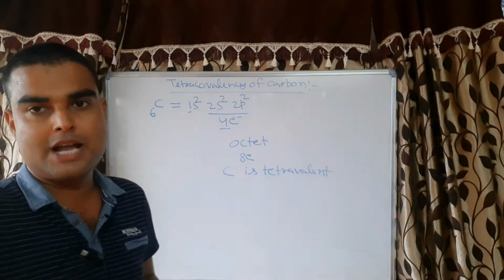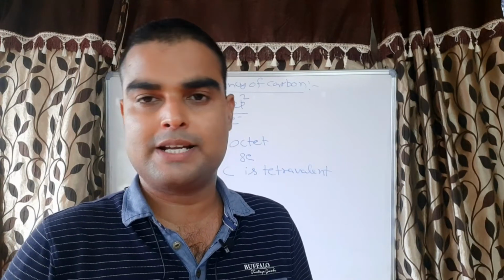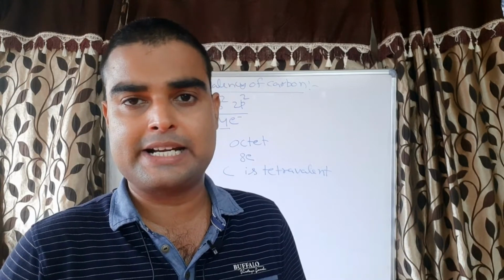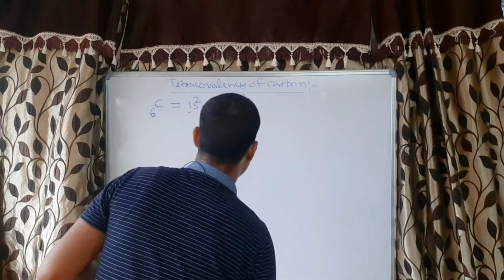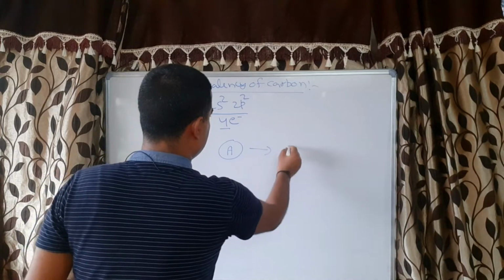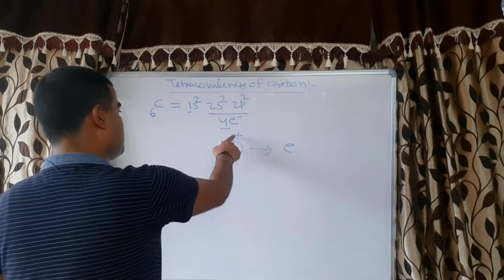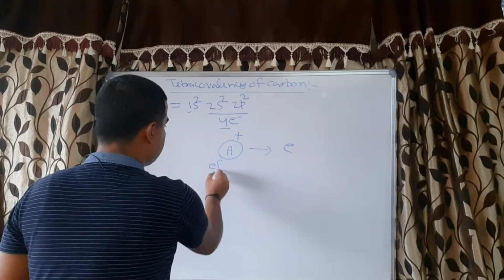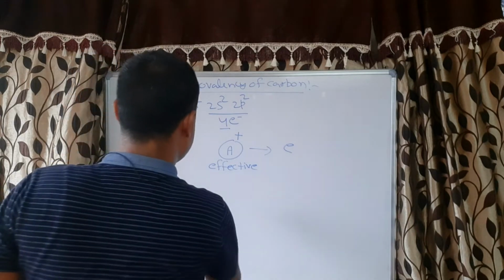Now, when any atom loses an electron or gains an electron, it generates charge. How? Suppose this is an atom A. When it loses 1 electron, then 1 positive charge will come here. Since 1 positive charge comes here, it will increase the effective nuclear charge.